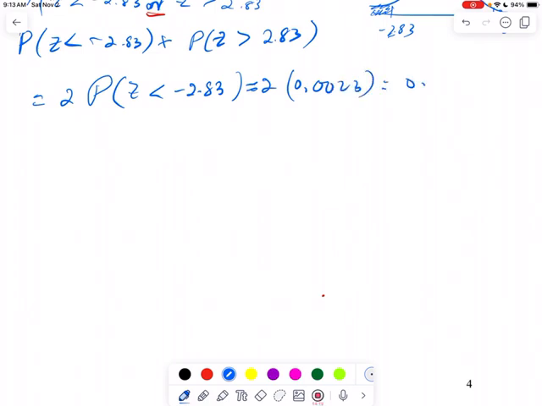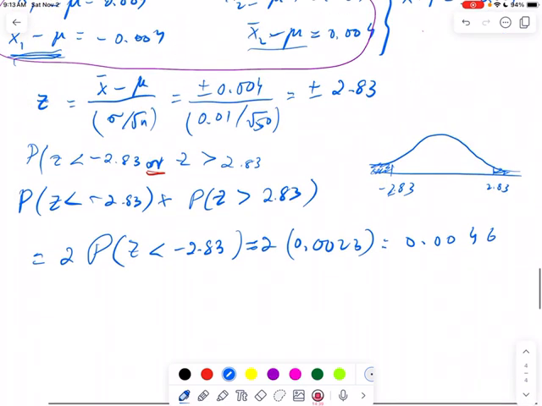So now you can say the same sentence, that there is very little chance. Actually, what is this in percentage? This will be 0.46%, so less than 0.5% even.